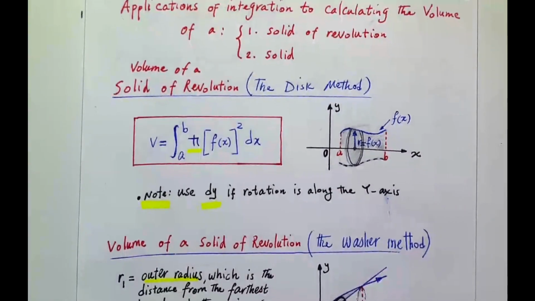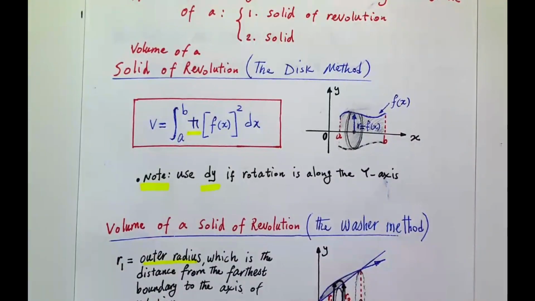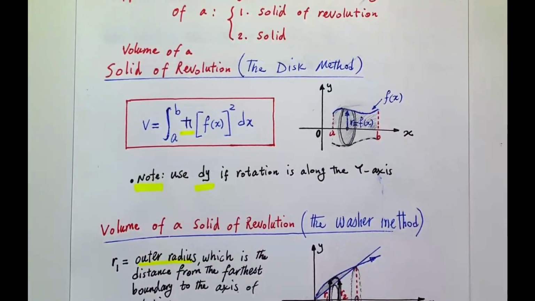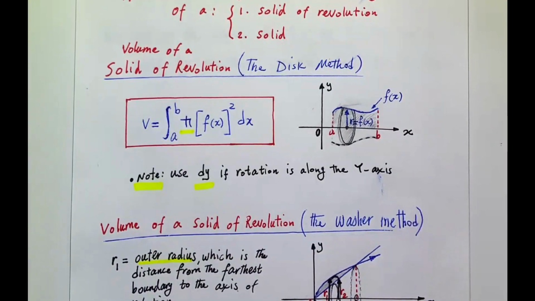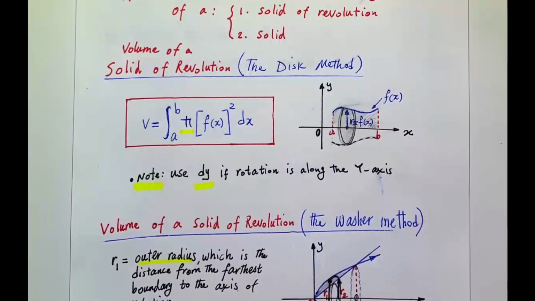So for the volume of a solid of revolution, we have two methodologies that we can use. One is called the disk method, which you can see on the screen here. And the other one is called the washer method. Now, why do we have these two different methodologies?